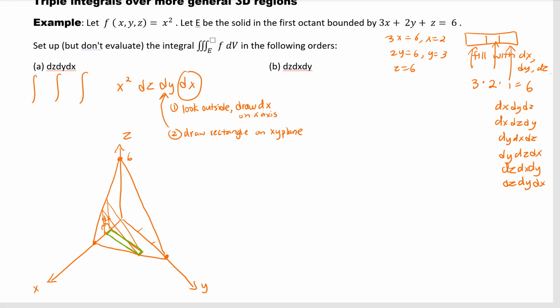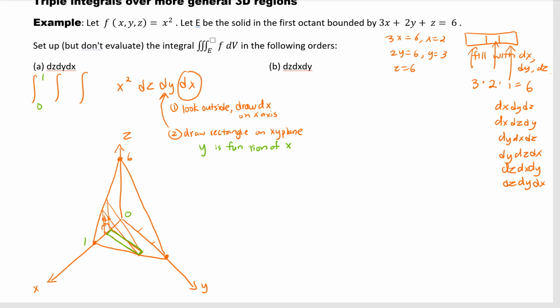First, let's look at the x. The x goes from 0 to 2, right? And then we know y. So y is a function of x. Okay, so express y in terms of x.